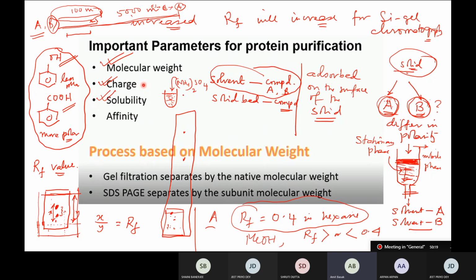As you increase the ammonium sulfate, more and more proteins will precipitate out.